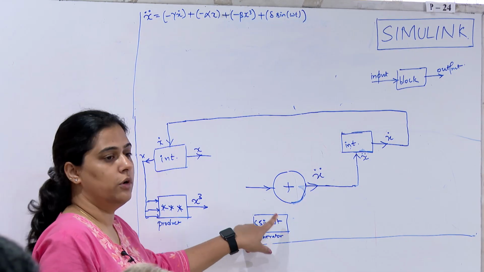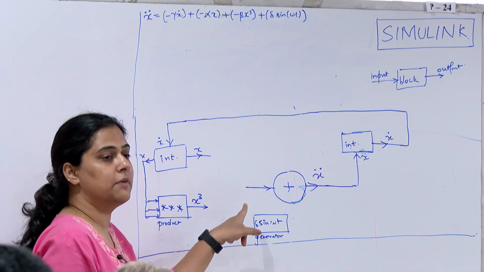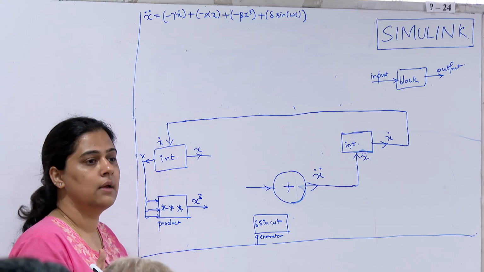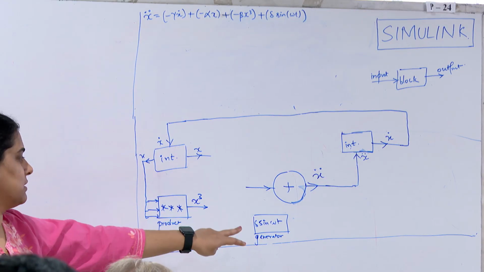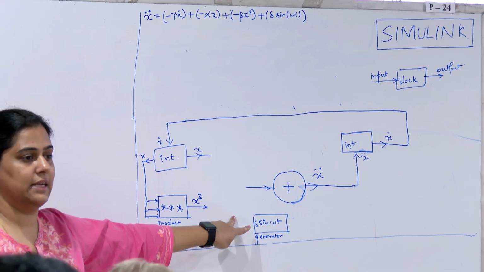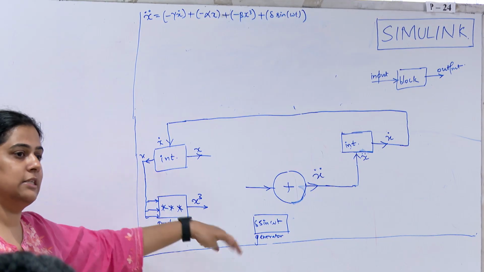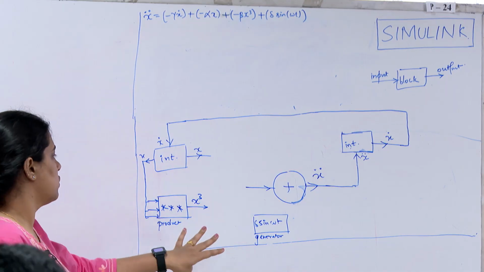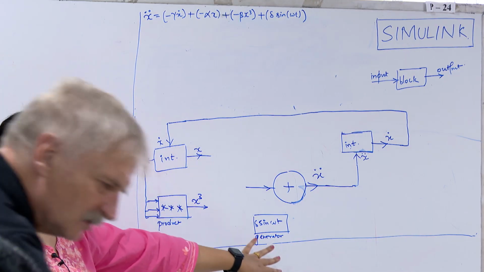In the lab you would have seen a signal generator, right? It's something like that. With the parameters which you are giving, it's just generating the signal. So you are generating force from here. Now we have all variables and force ready.